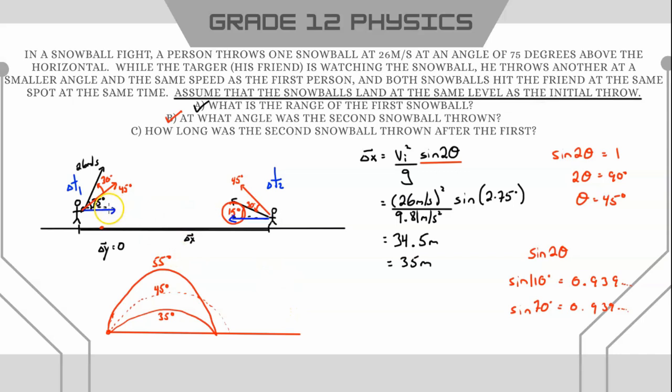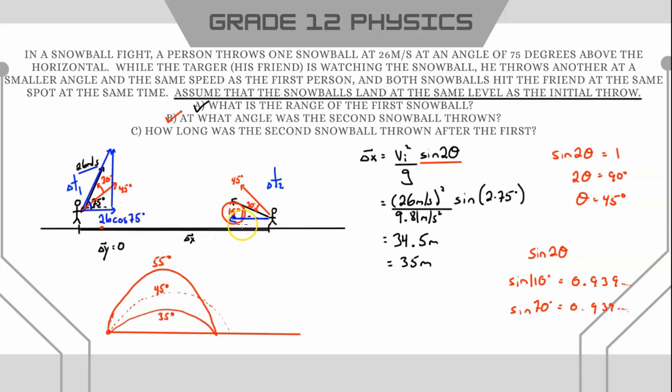So let's start over here. So if this angle is 75 degrees, we're looking at this triangle here. Right, so we've got the hypotenuse is 26 and our angle is 75. Our x component is just going to be 26 cos 75.